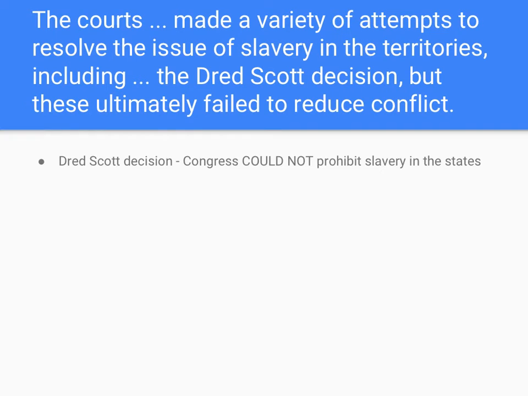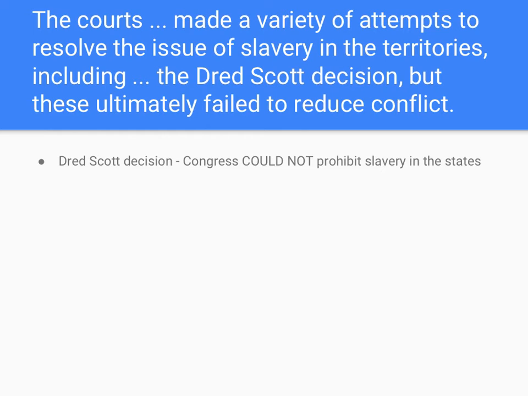In the decade of the 1850s, slavery became the largest constitutional conflict. And in that time period, the courts made a variety of attempts to resolve the issue of slavery in the territories, including the Dred Scott decision, but these ultimately failed to reduce conflict. And in fact, the Dred Scott decision is unique in American history because remember that in the early 19th century, under the Marshall Court, the court had made decisions giving the federal government more power and reducing the power of the state governments.